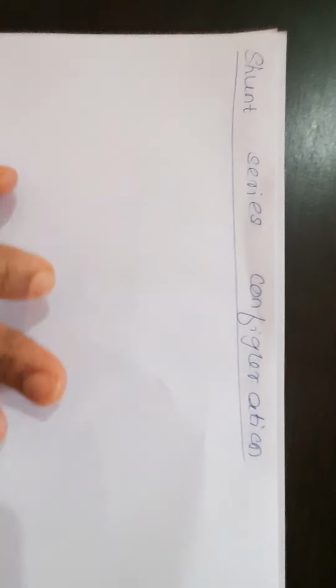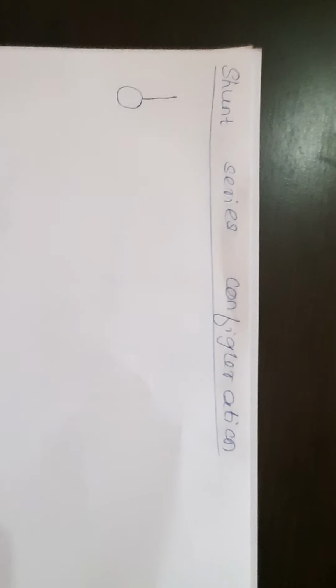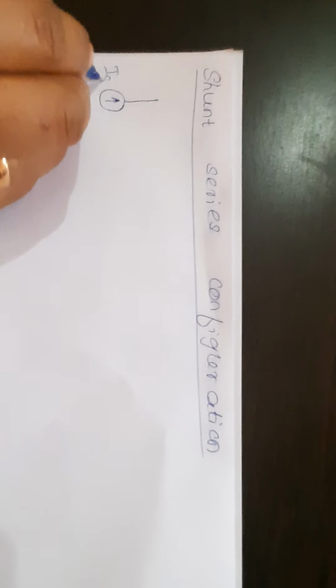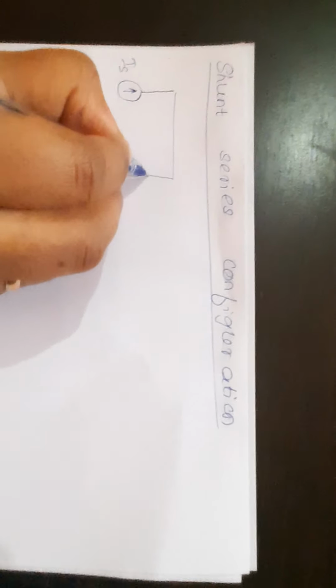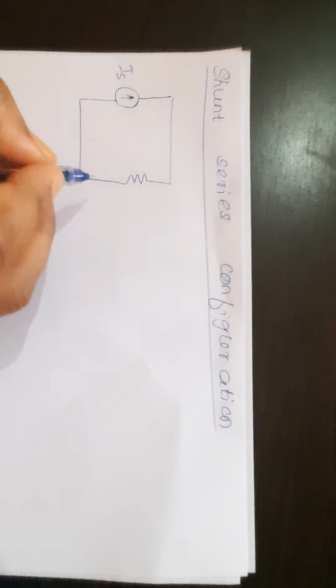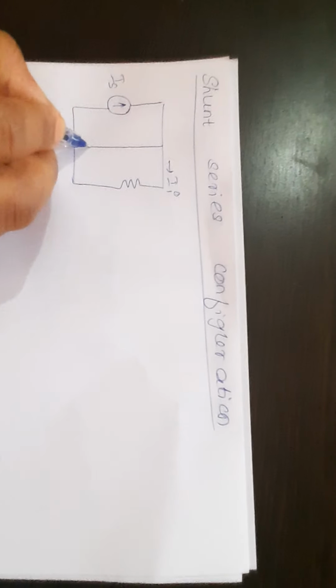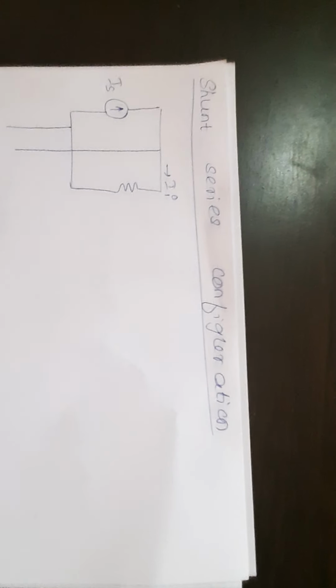This shunt series configuration will be having the shunt connection at the input side and series connection at the output side. So how will we have the diagram of this one? We have IS, and we will have RI. Now the current here is II. Since we have shunt connection at the input side, this diagram will come.